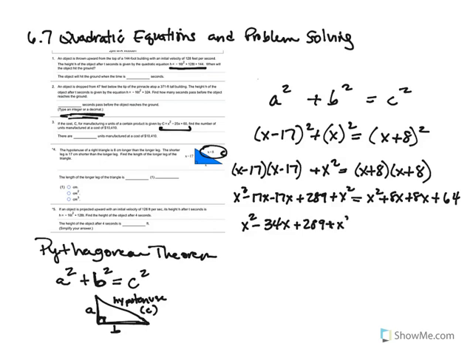So 2x squared minus 34x plus 289 equals x squared plus 16x plus 64.